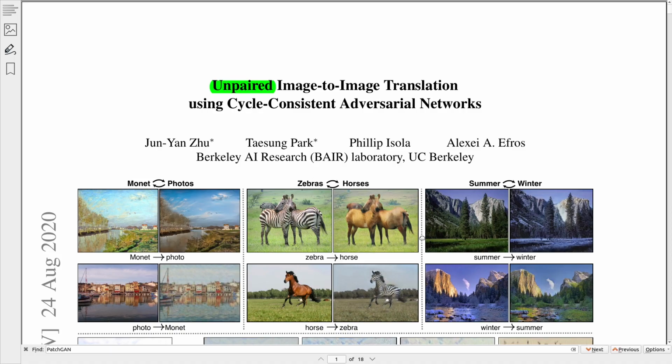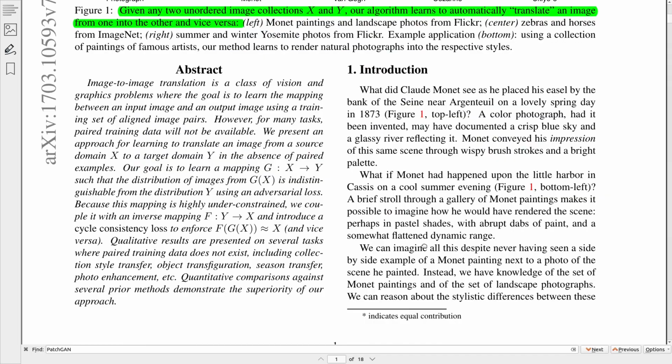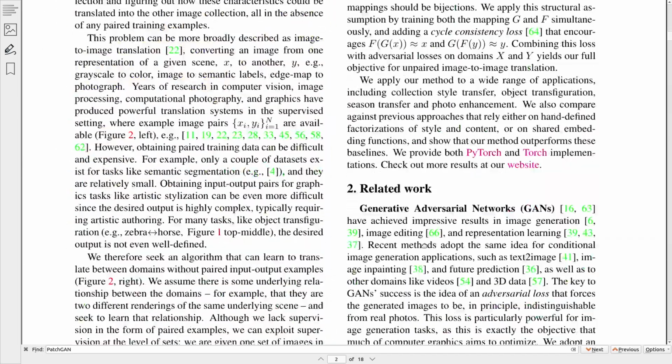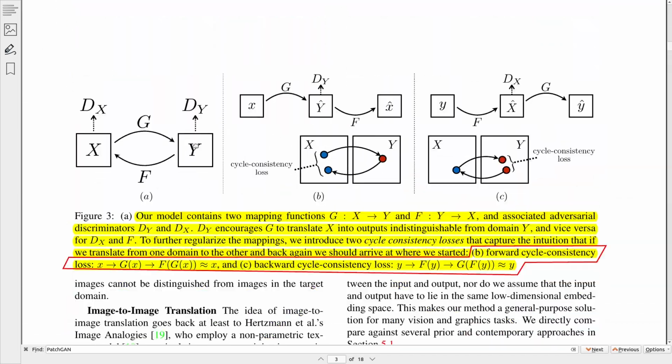And if I go to the original paper, they also give a nice diagram for this cycle consistency loss. And here is that diagram. What they are talking about is that our model contains two mapping functions.